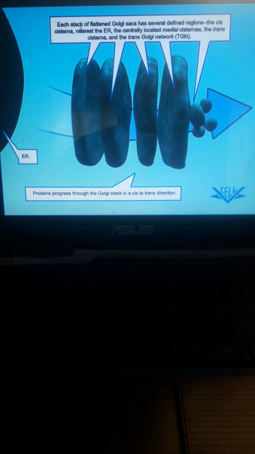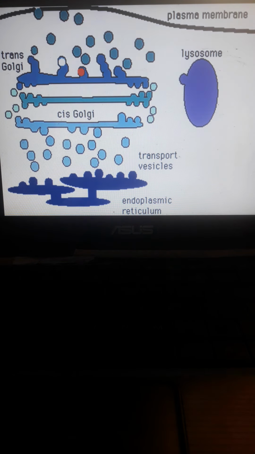Each stack of flattened Golgi sacs has several defined regions: the cisterna nearest the ER, the cis; the centrally located medial; and the trans Golgi network at the end portion. This is where the proteins are released when they have matured in the Golgi apparatus.